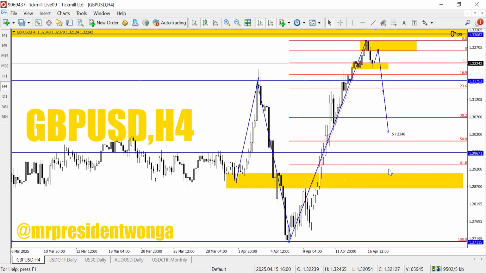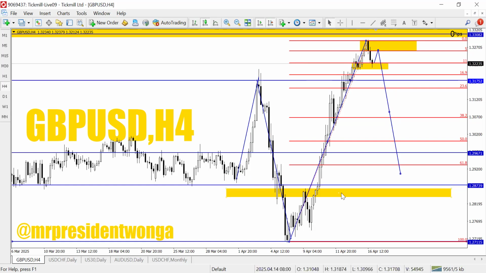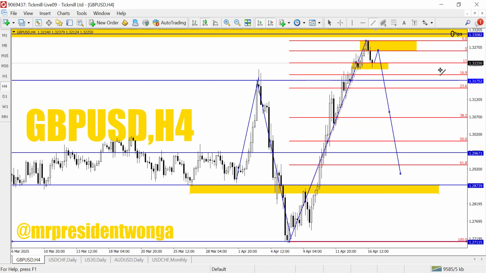Come back to this level here. And you can see there is a candlestick that is also significant. Okay. I think if you started from this level, then the movement was upside.